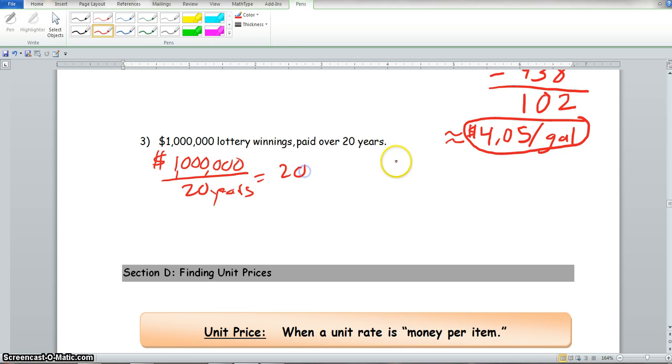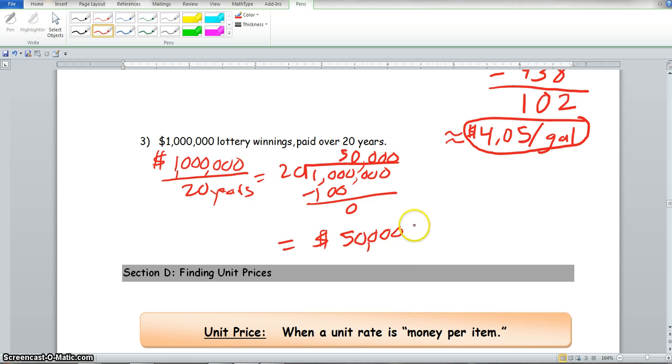So we'll take 20 into 1 million. 20 goes into 100 5 times. And we know everything else will be zeros. So this would be 50,000. So our final answer would be $50,000 per year. And that is the final answer.